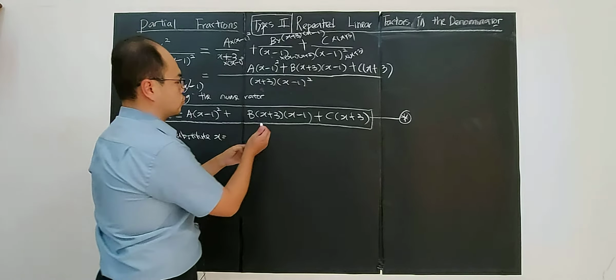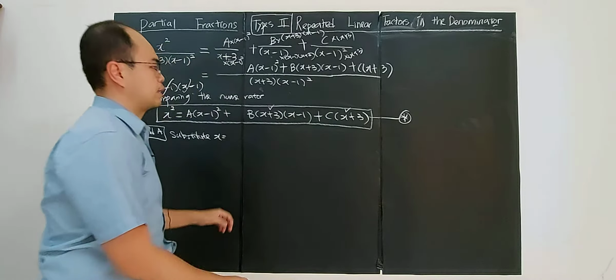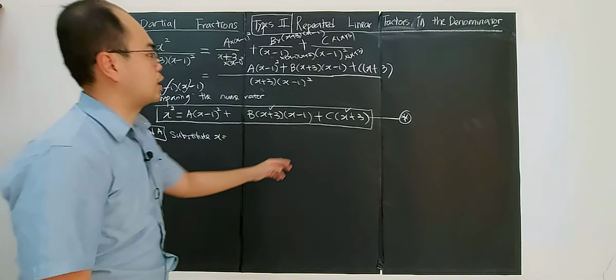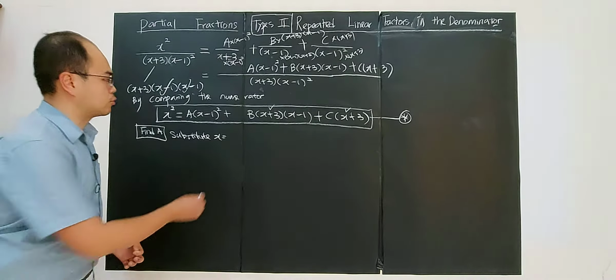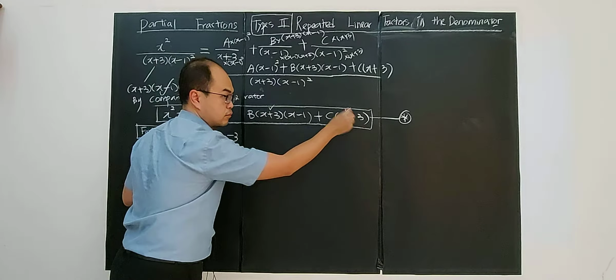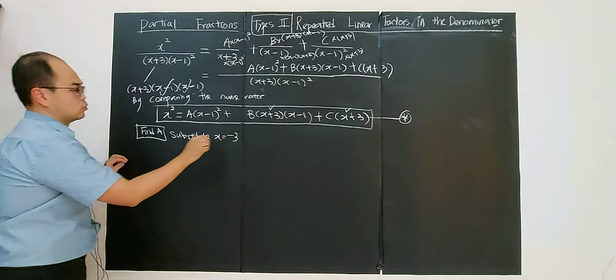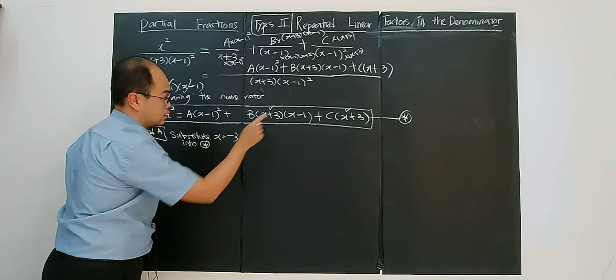Looking at B and C, you have the same factor x plus 3 in both. So the best choice is to substitute x equals negative 3, because negative 3 plus 3 is 0. So substitute into this equation here.